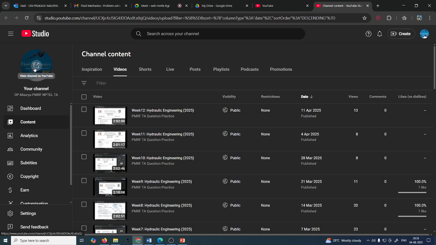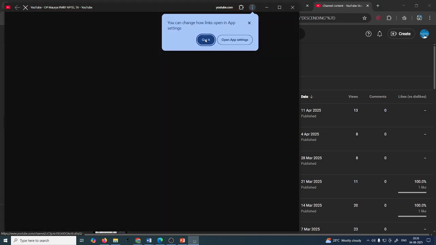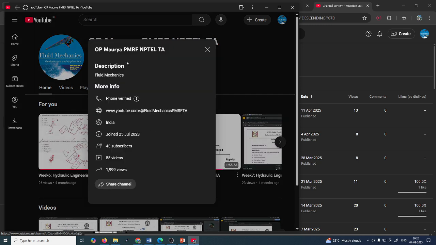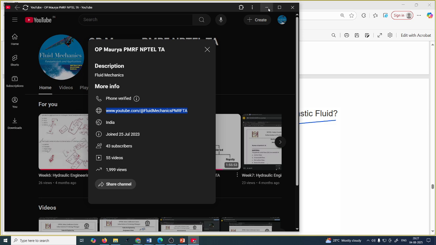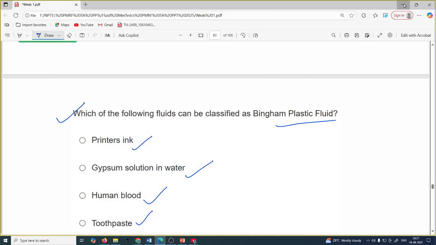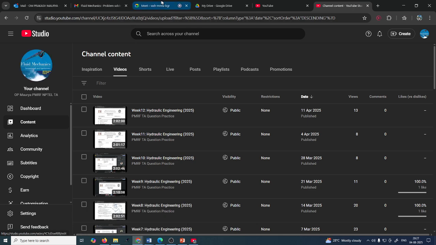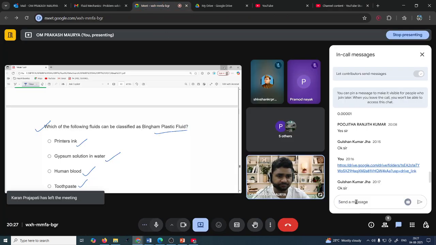So here a lot of questions are given already. Toothpaste, printer ink.